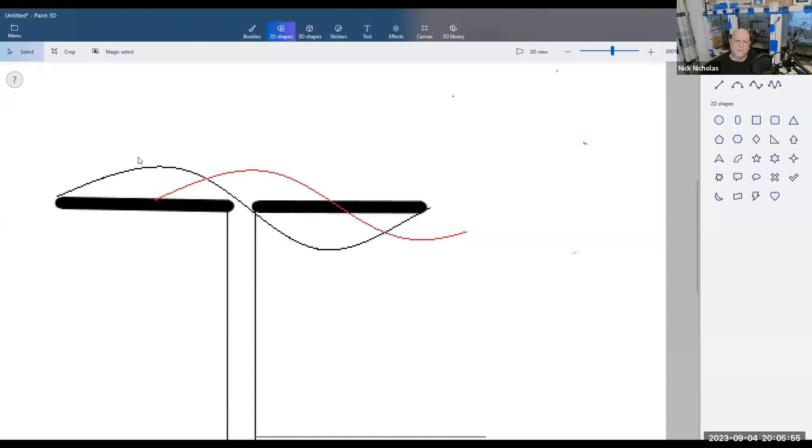If this black wave is a wave on this antenna, you notice that it is at 0 at the end here, it passes through 0 in the middle, and at the other end of the antenna, it's at 0.